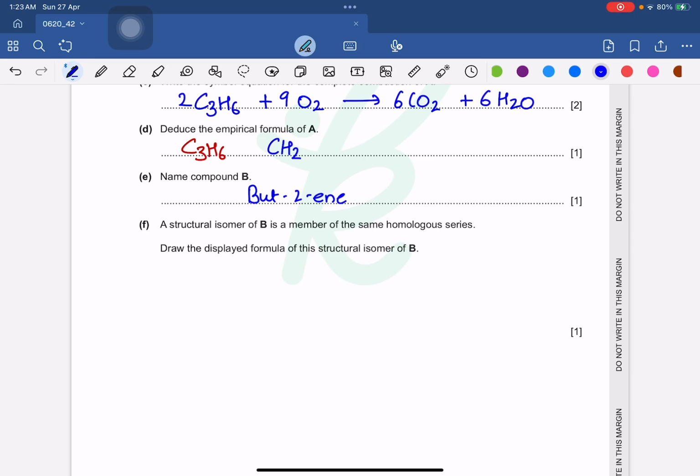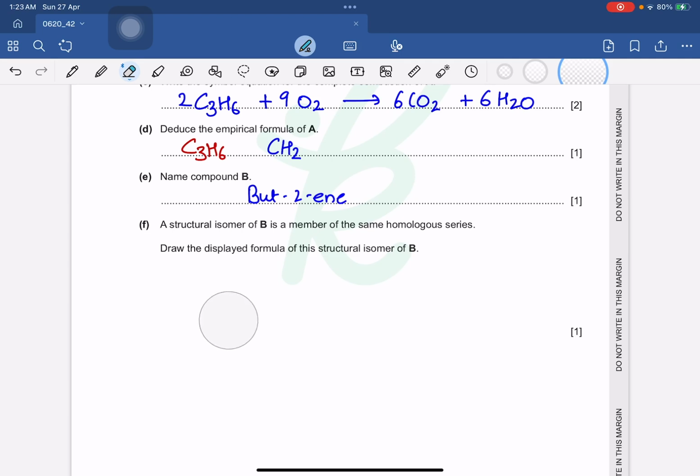Next question, a structural isomer of B is a member of the same homologous series. Draw the displayed formula of this structural isomer of B. So the structural isomer of B will be an alkene where the position of the double bond is different. So instead of the double bond being on the second carbon, I'll place it on the first carbon.